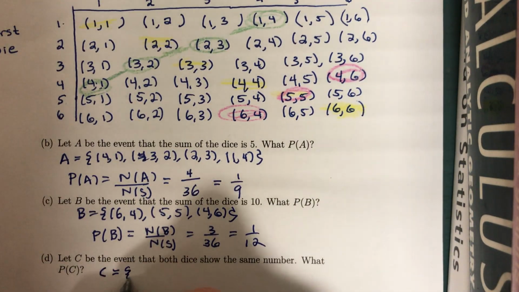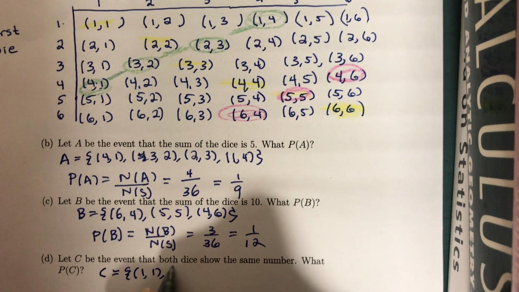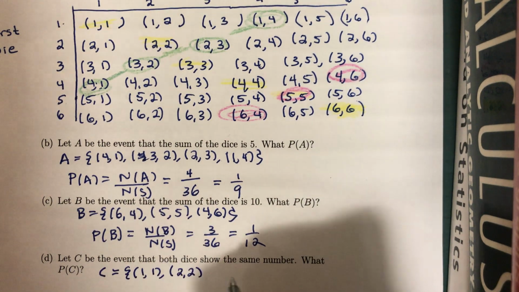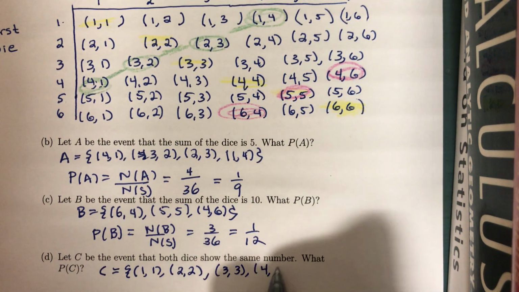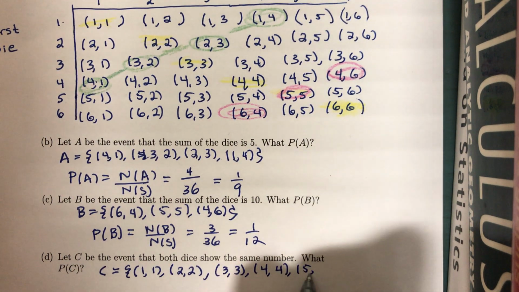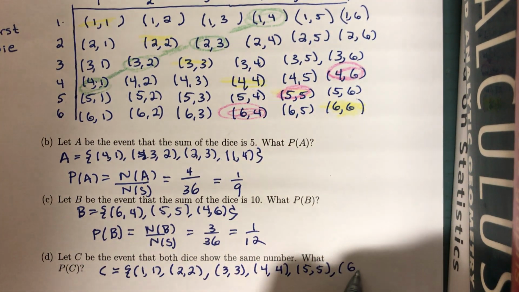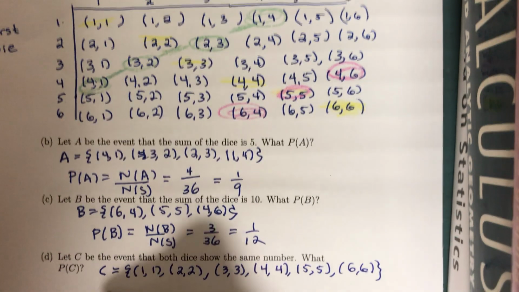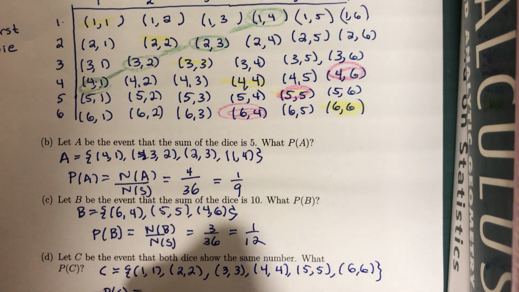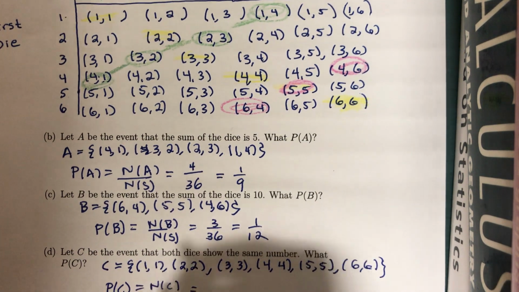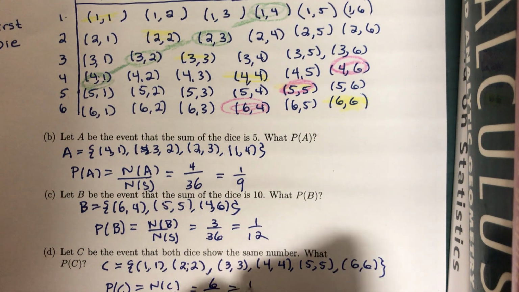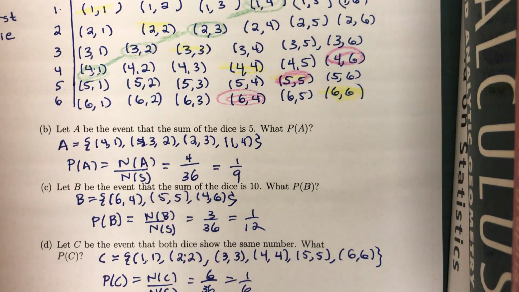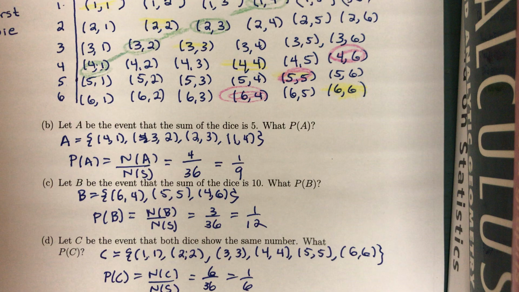C is equal to the set (1,1), (2,2), (3,3), (4,4), (5,5), (6,6). Okay, so the probability of C is the number of elements in C divided by the number of elements in S, which is 6 out of 36. So that's 1/6.